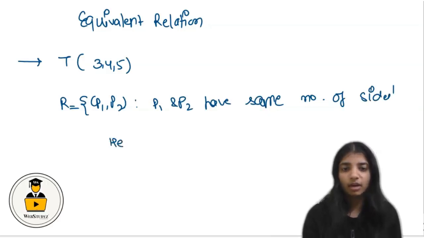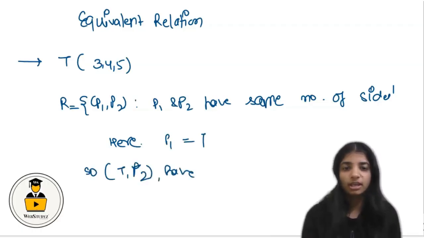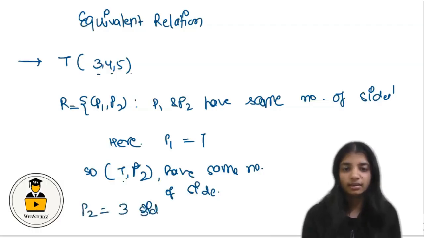Here, according to the condition, we are considering P1 equal to T. So we can say that (T, P2) have the same number of sides according to the relation. And we know that T has three sides, which are 3, 4 and 5. So if T and P2 have the same number of sides, P2 has three sides.